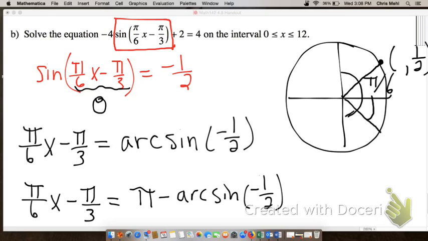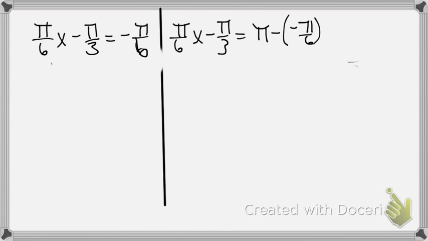Let me draw this on a new slide. That'll give me two equations. Since arc sine of negative 1/2 is negative pi over 6, the second possibility is that pi over 6x minus pi thirds is pi minus that first angle. Then you're going to solve for x on both sides. For the first, if you add pi over 3 to both sides, minus pi over 6 plus pi thirds gives you pi over 6.